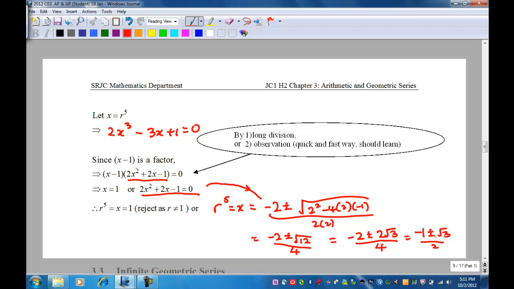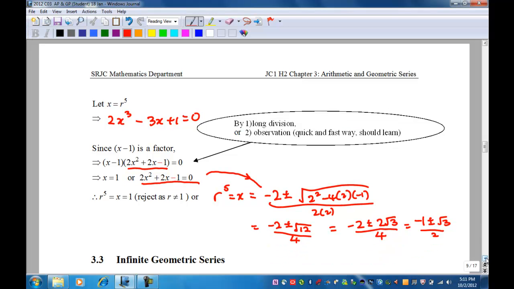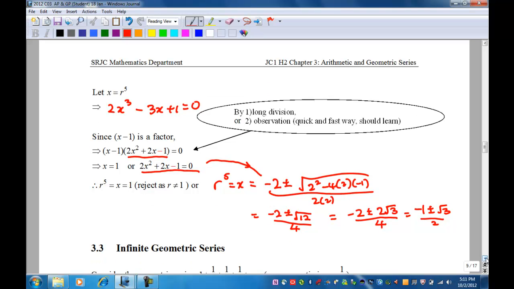Now we can see quite easily here that there are two possible values for r power 5. Negative 1 plus root 3 over 2, which is a positive number, or negative 1 minus root 3 over 2, which is a negative number.